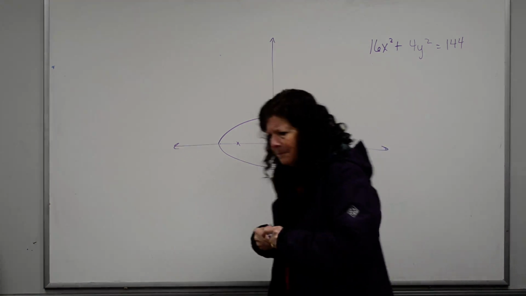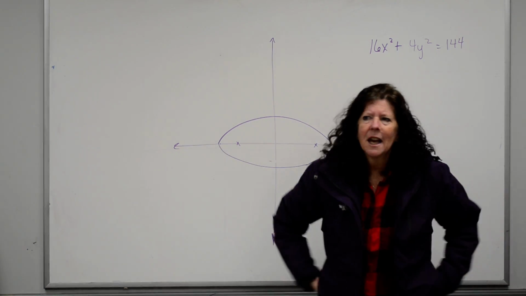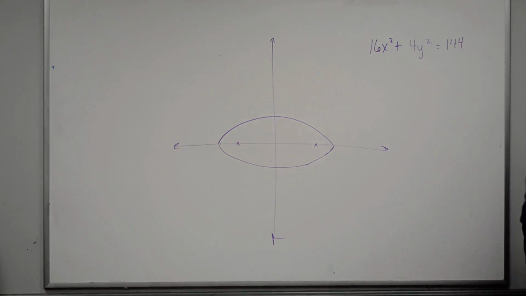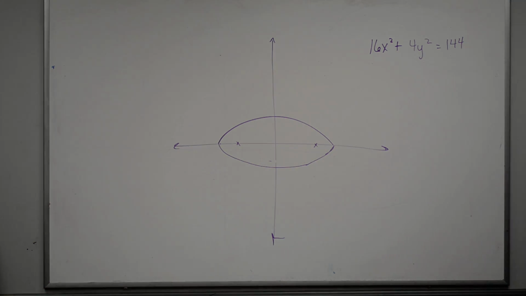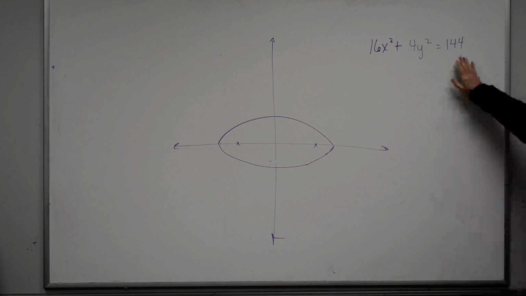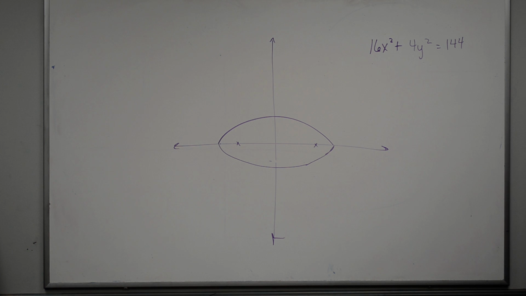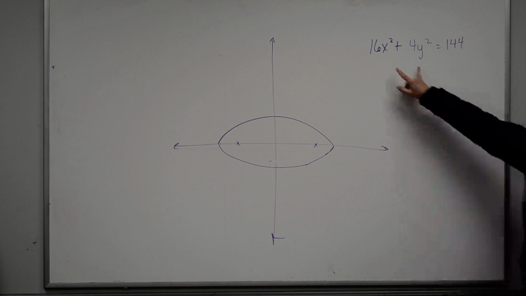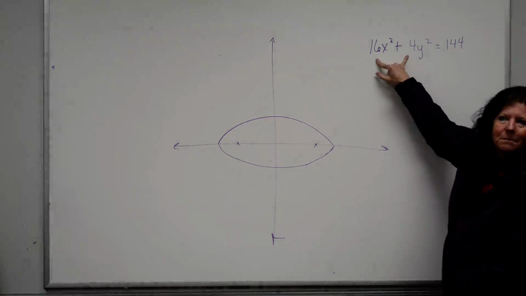Now, how do I know this is not a parallelogram? I mean, it looks really similar. I've got a y squared, I've got an x squared, I've got a number over on the right-hand side. What do I have with this particular equation that makes it different than a parallelogram? Do parallelograms have numbers in front of them?